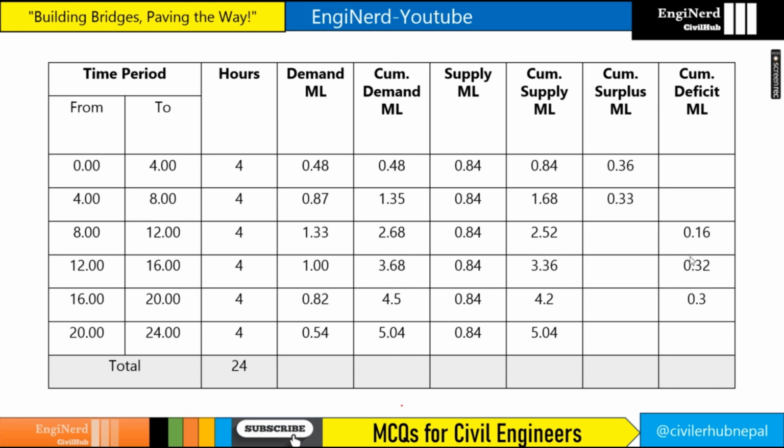We are only adding the maximum cumulative deficit and the maximum cumulative surplus. So the capacity of the reservoir equals 0.32 plus 0.36, which equals 0.68 million liters, which was also obtained in the previous method. So that's it. Thank you for watching.